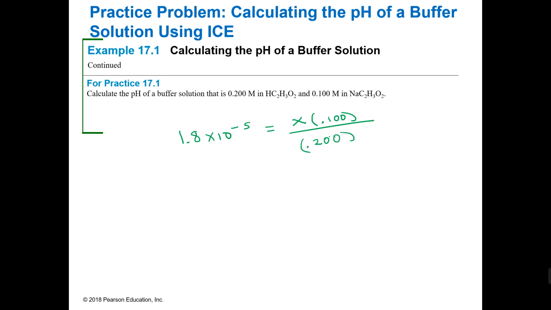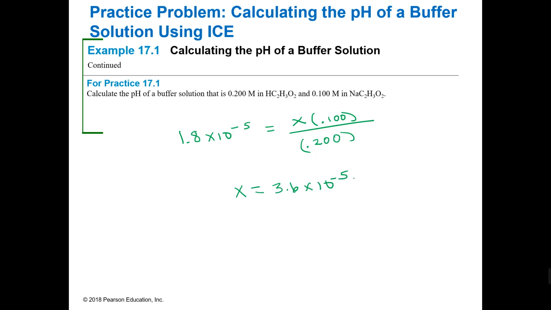So that's 1/2. And solving for X, we can say, okay, 1.8 times 10 to the minus 5 times 0.2 divided by 0.1. So X is equal to 3.6 times 10 to the minus 5.